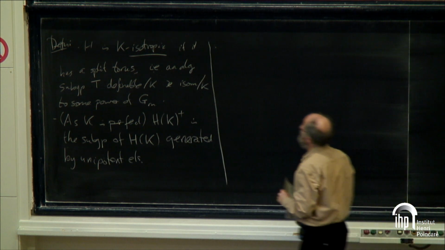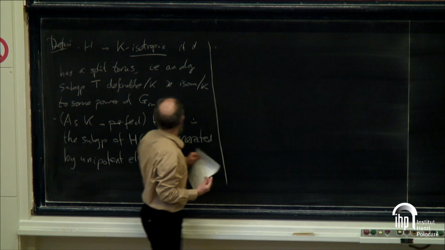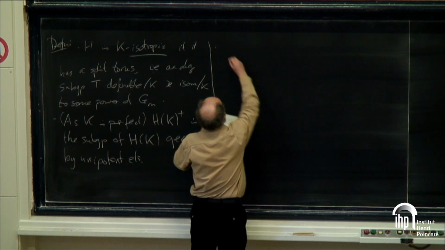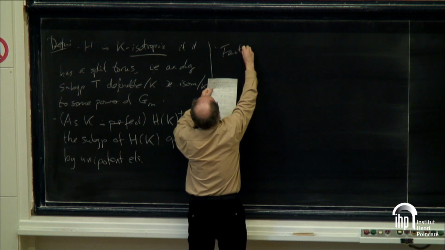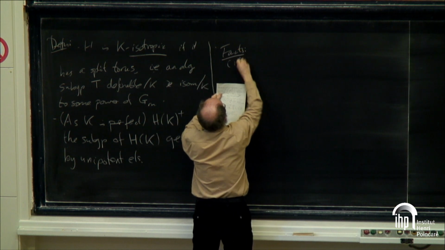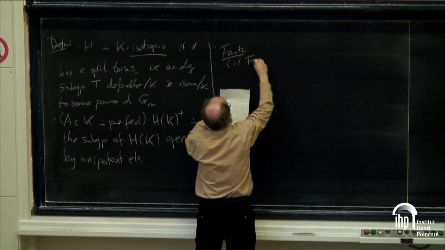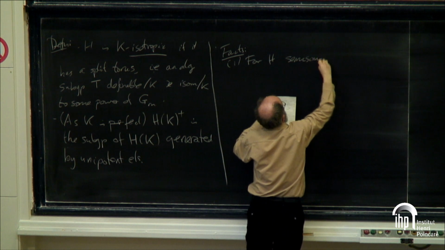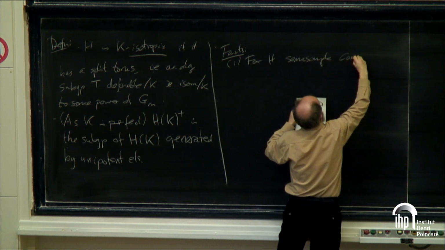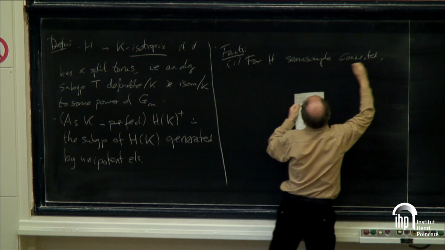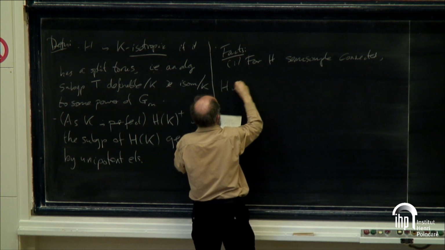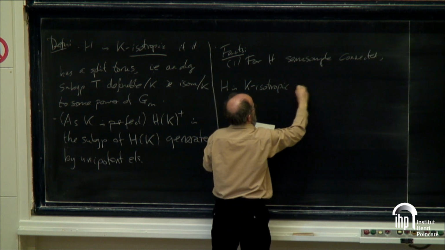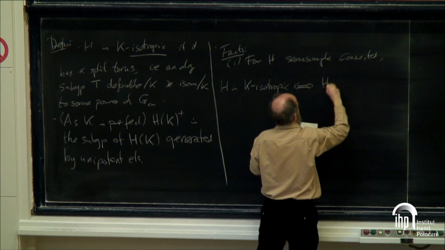Okay, so one or two facts around these notions of k-isotropic and H of K plus. These are some classical things, I think. For H semi-simple and connected, H is k-isotropic if and only if H of K plus is non-trivial.